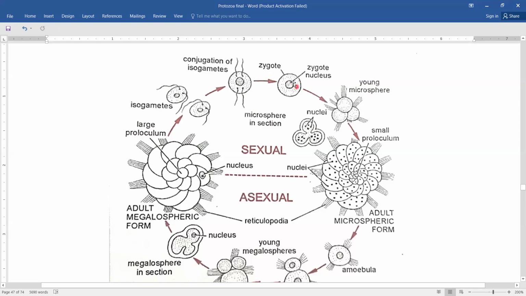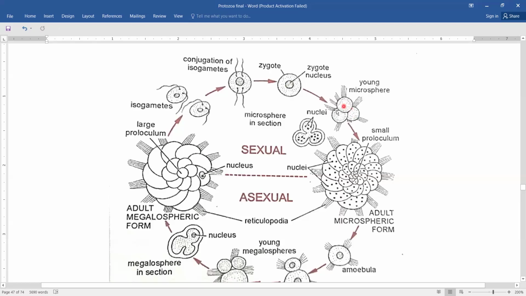From this diploid zygote, first it undergoes meiotic cell division, then later its nucleus is divided mitotically, but here new chambers are generated.